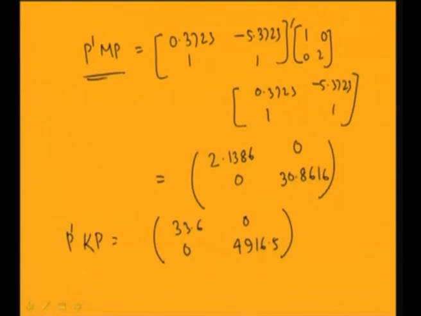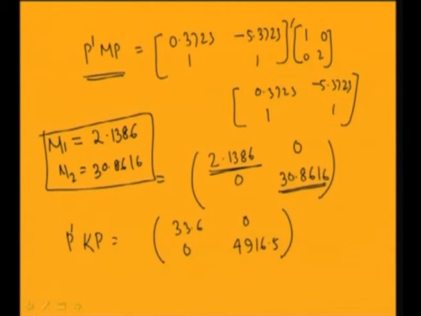When we did P transpose mP, m1 is 2.1386 and m2 equal to 30.8616. So the generalized mass m1 equal to 2.1386 and generalized mass m2 equal to 30.8616.